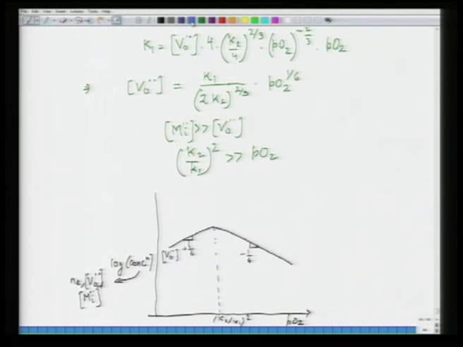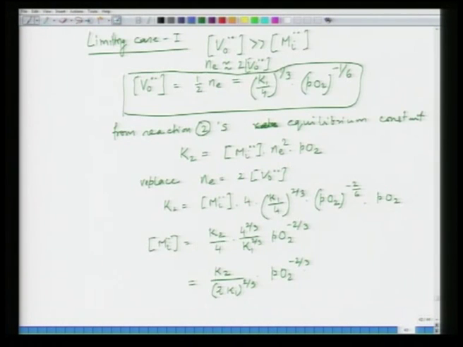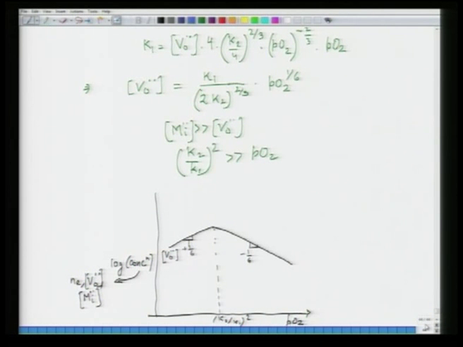Mi in this region, if you go to the previous slide, it varies as -1/3. If you go to the previous slide, it varies as -2/3. So, now if we just take it, it varies at -2/3 here, and in this region it varies at -1/3.